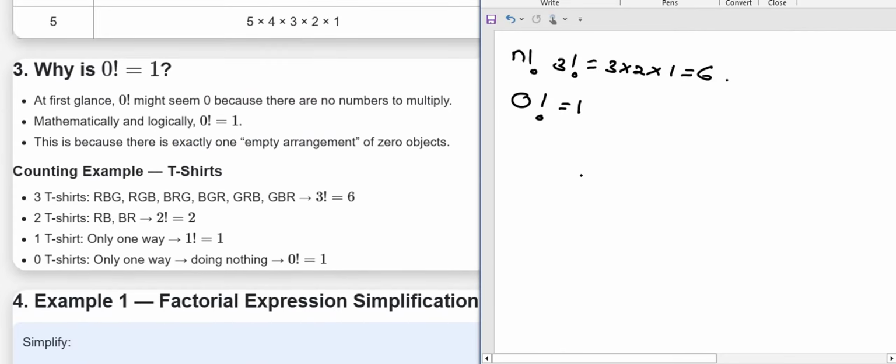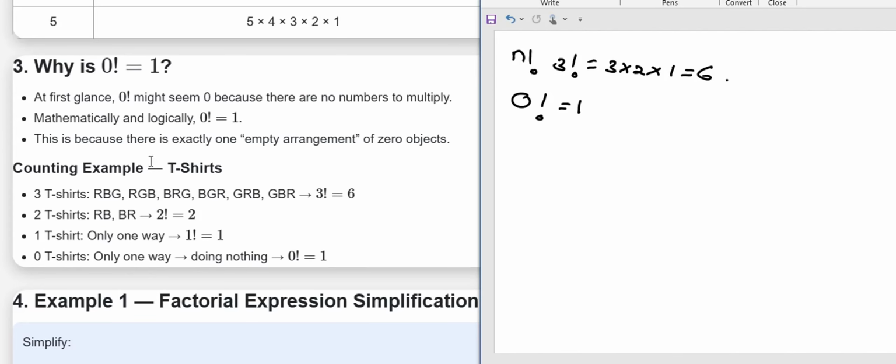Logically, if you check well, we said factorial tells us how many ways unique items can be arranged. So, if that is the case, for example, let's say you have 3 shirts, the way we had.